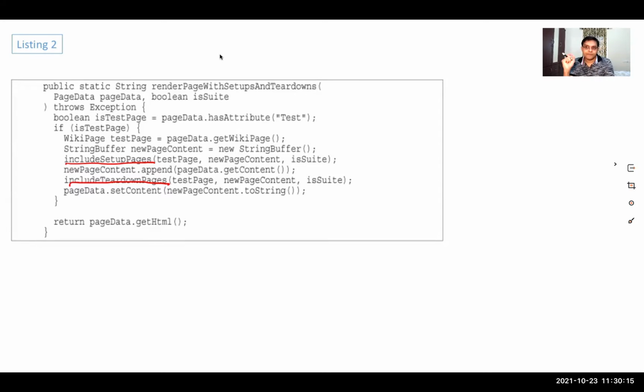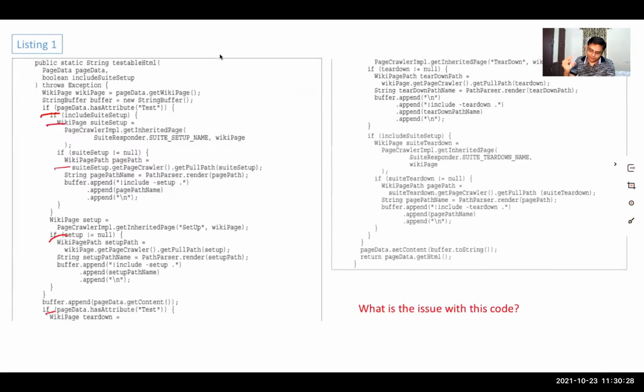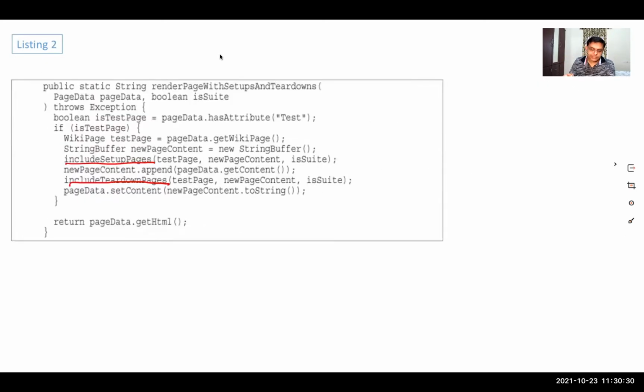Also, some of our principles that we have already learned: a function should be smaller, right? And a function should do one thing, one single responsibility. Here this function is doing a lot of things. Instead, each function is very small and has one responsibility.